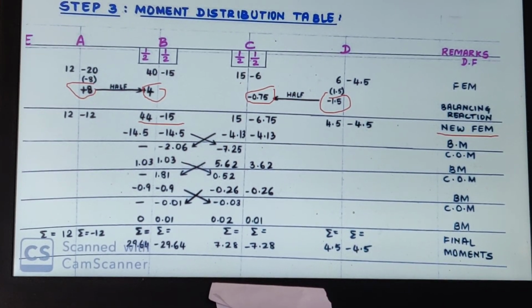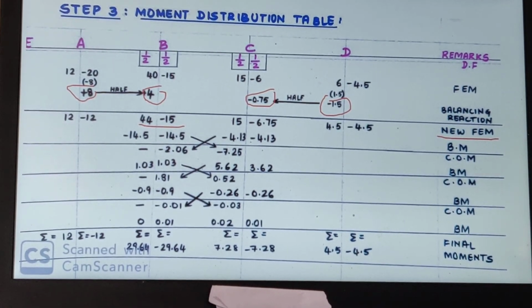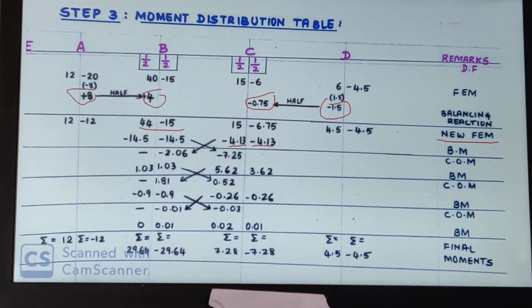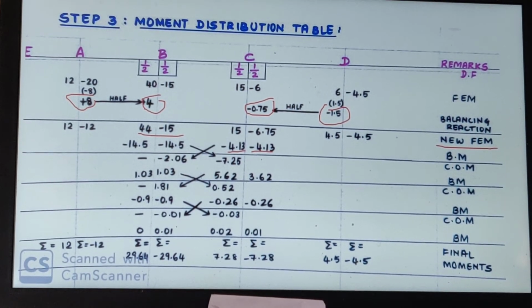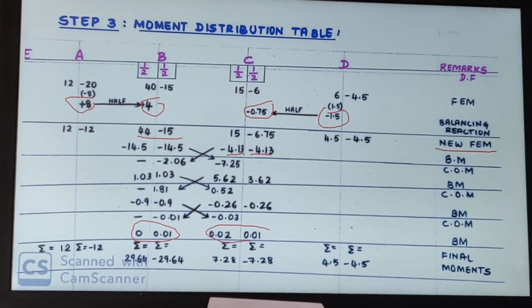At C again you'll have two distribution factors, that will be 15 and minus 6.5, again you'll distribute to minus 4.3 and 4.3.